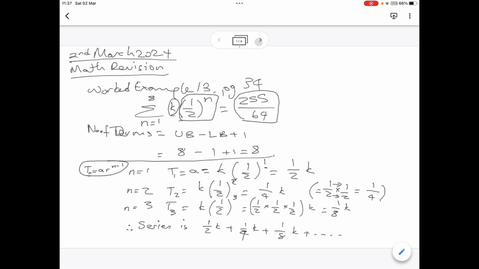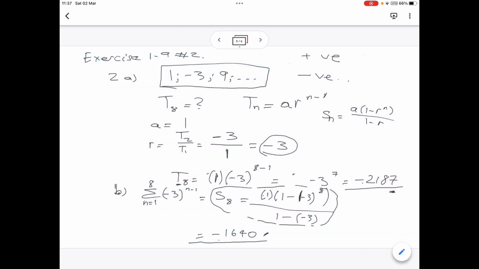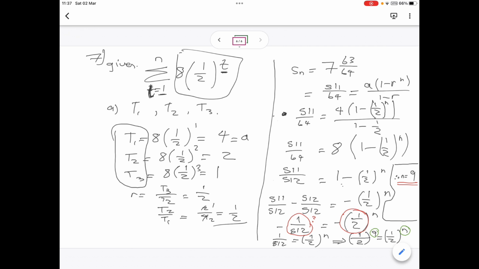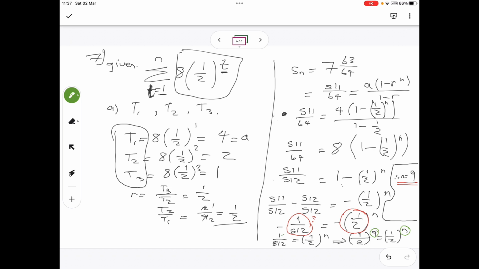In the same way, just going back to today's math class, this problem is factorized so that 1 over 512, this part here, is the same as 1 over 2 to the power 9.